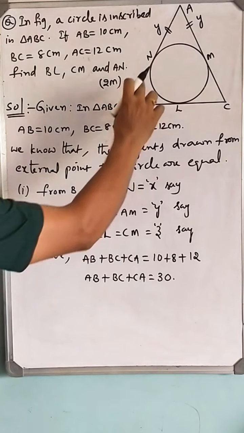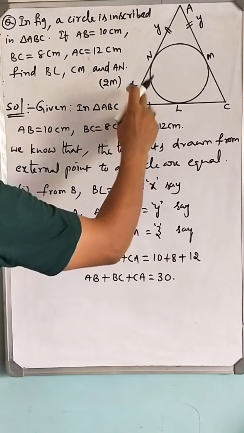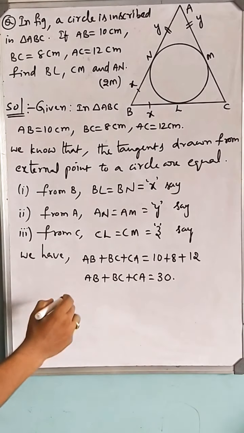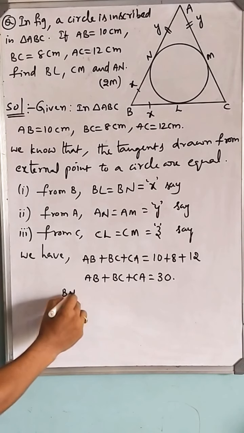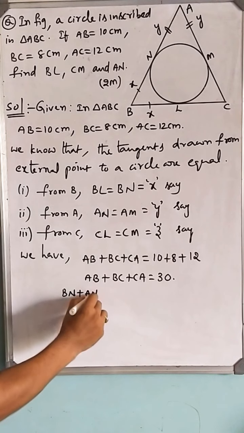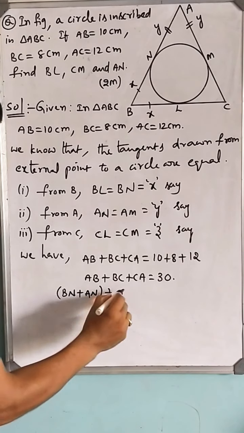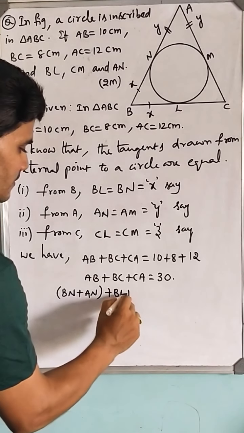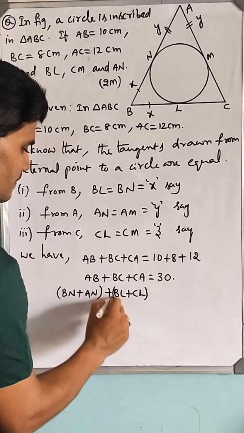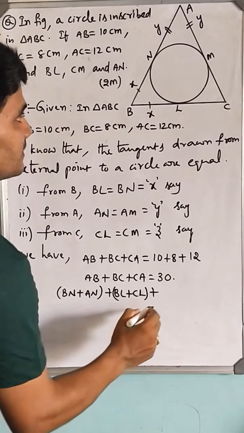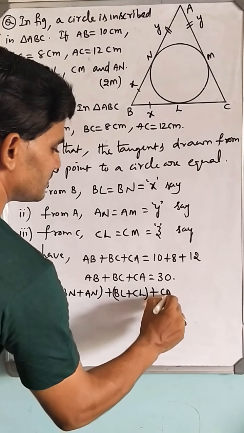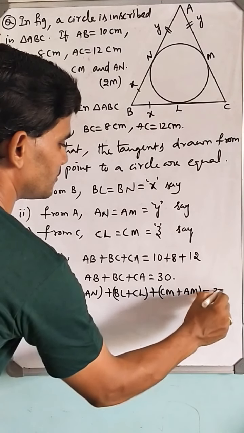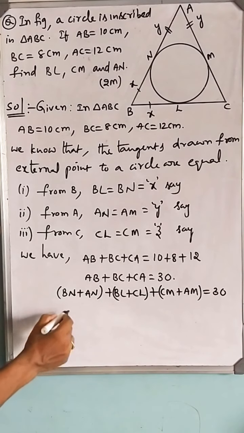What is AB in terms of x and y? AB is the sum of these two segments, that is BN plus AN. BC is BL plus CL, and CA is CM plus AM, which is equal to 30.